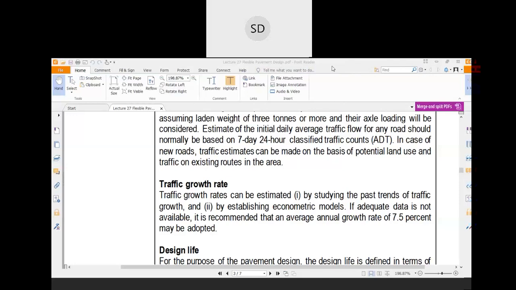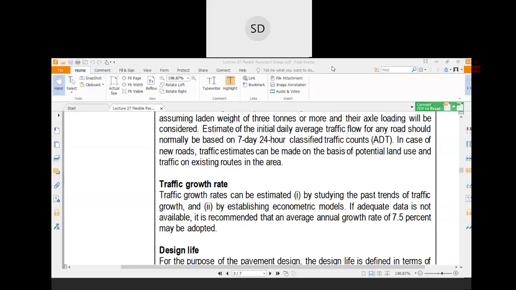So basically the difference is that 8160 kg is your standard axle load. In the design of the flexible pavement, you will not consider any vehicles whose weight is lesser than 3 tons. So you have to count only the vehicles whose weight is more than 3 tons. And within that, there will be different types of vehicles. Some weigh 3 tons, some 4 tons, some 5 tons, 8 tons, 10 tons, 12 tons, 15 tons, 16 tons, like that.